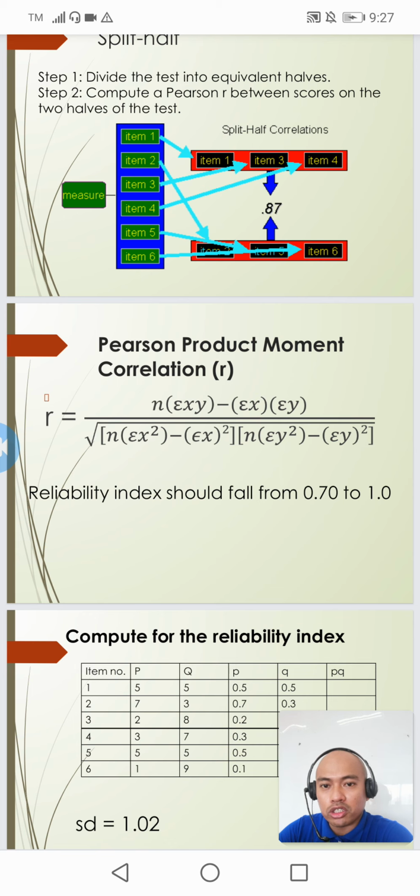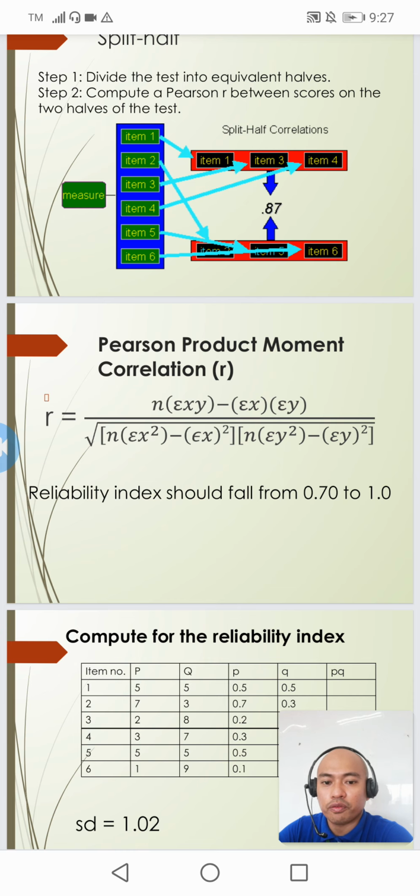multiplied by the summation of xy minus the summation of x multiplied by summation of y, all over the square root of the quantity n multiplied by the summation of x square minus the summation of x then raised to the second power, multiplied by n, okay, multiplied by the summation of y squared minus the summation of y raised to the second power.